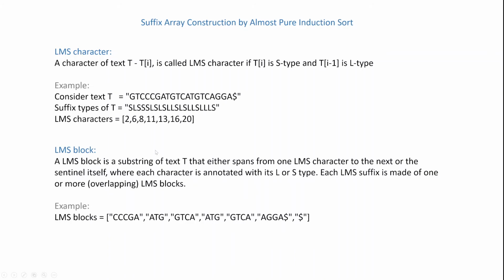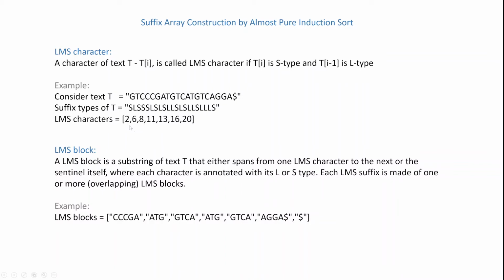So let's define an LMS block. An LMS block is a substring of text T that either spans from one LMS character to the next, or the sentinel itself. So if we consider our LMS suffixes, they have these LMS blocks which are their building blocks. In our case, in the previous example, the LMS characters are 2, 6, 8, and so on.